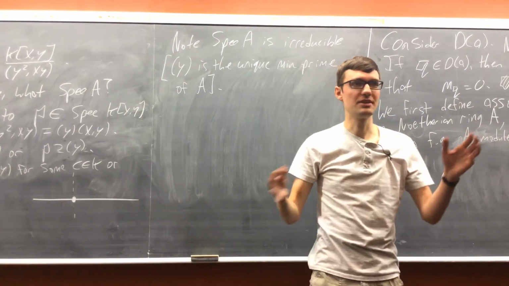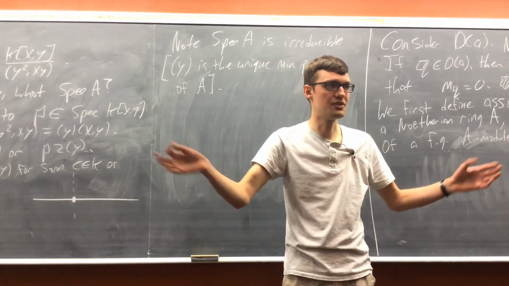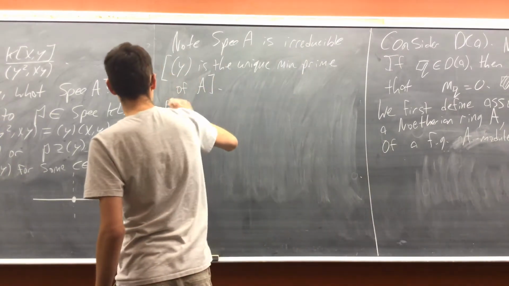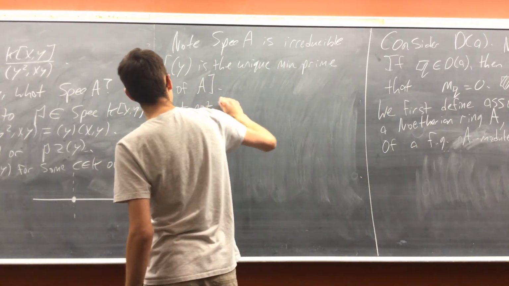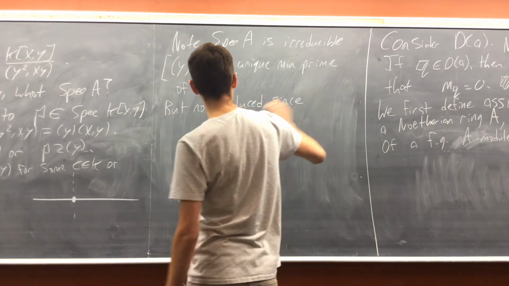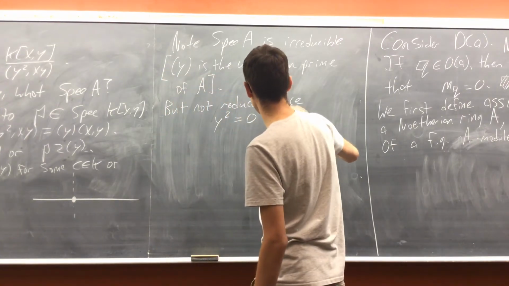And it's also clear from the picture that if this is the generic point for the x-axis, its closure is going to capture the whole scheme. Okay, but it's not reduced, since, for instance, I've got a nilpotent: y squared equals 0, but y is not.